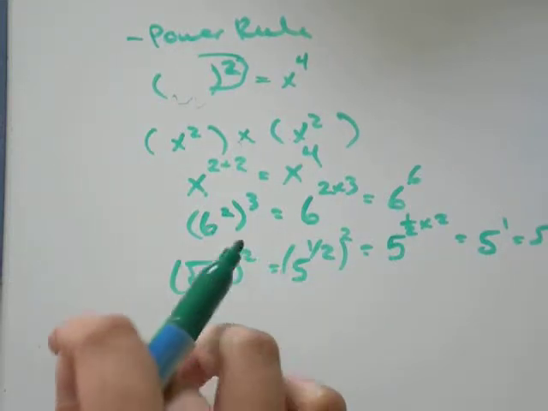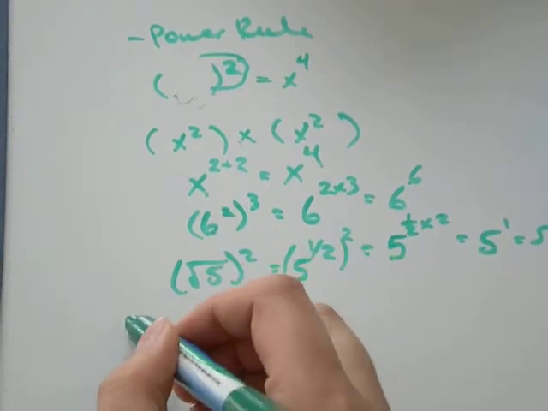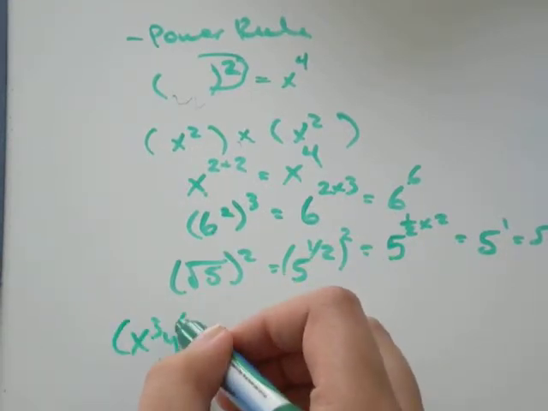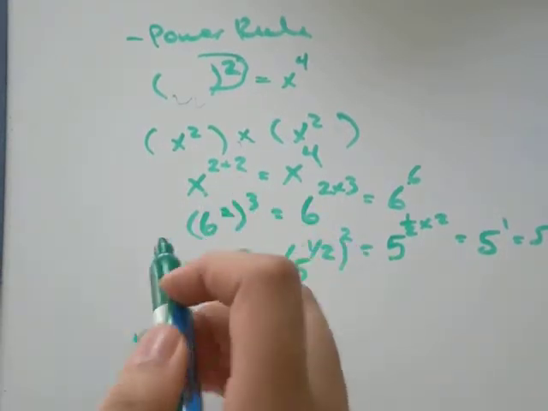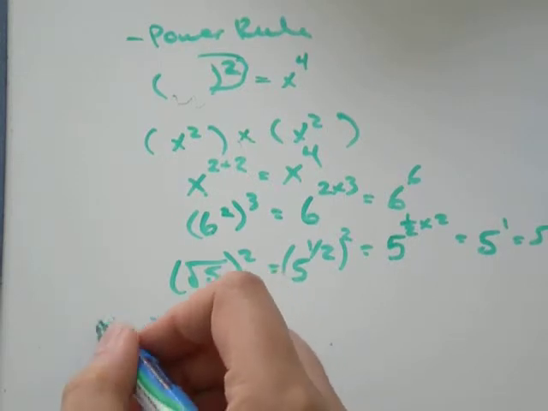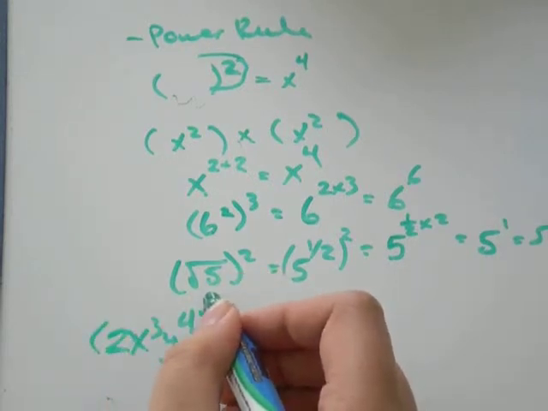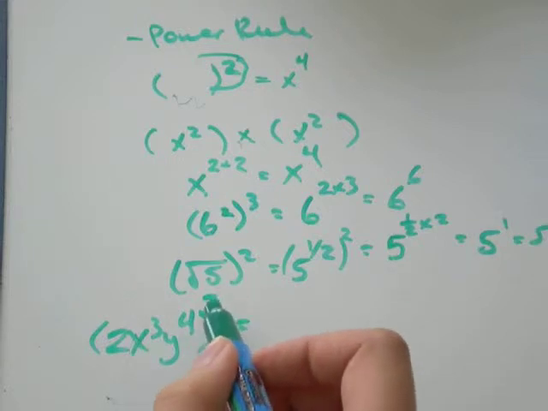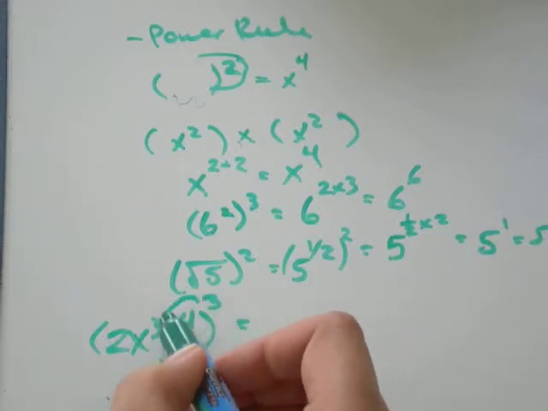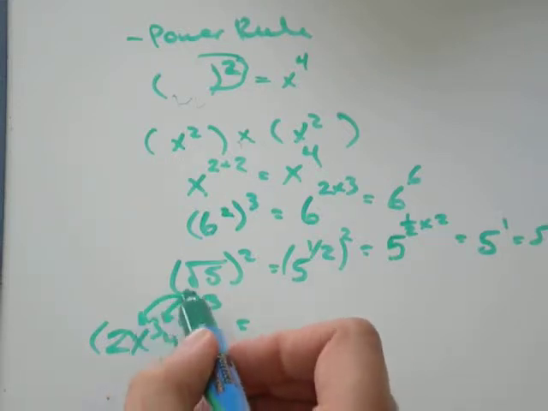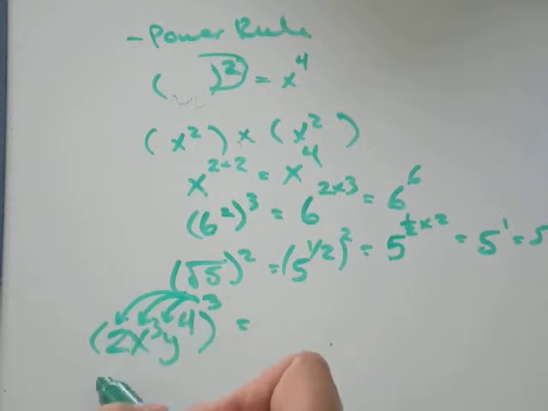You might have something like 2 x cubed y to the 4th, all to the power of 3. This exponent of 3 applies to the y to the 4th, the x cubed, and the whole number 2.